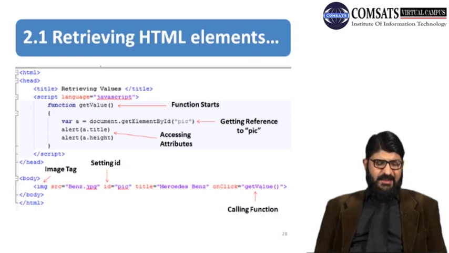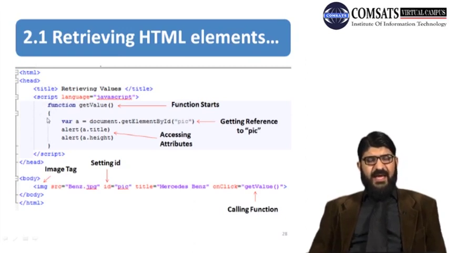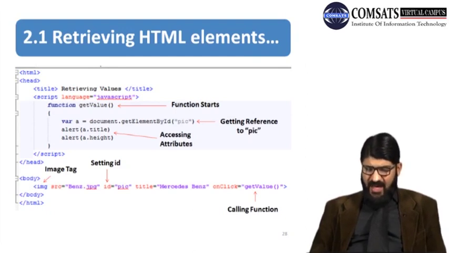So the head tag is started, and then the title tag is given, and then you can see the script tag is started, the language is given JavaScript, the function keyword is given, the getValue function is mentioned, and then a variable name A is given, and by this variable the getElement method will return the particular value according to the variable A. So if you consider document.getElementById from the picture is retrieved, and it is assigned to variable A, and then using the alert method, A is given with title and A is given with the height.